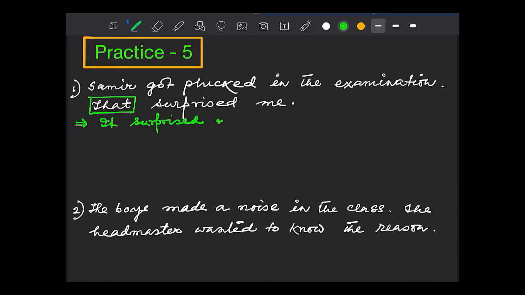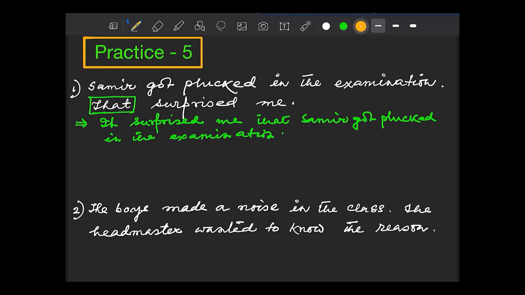It surprised me that Somir got plaqued in the examination.